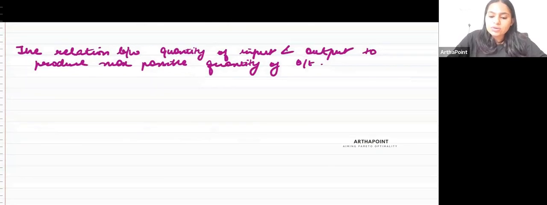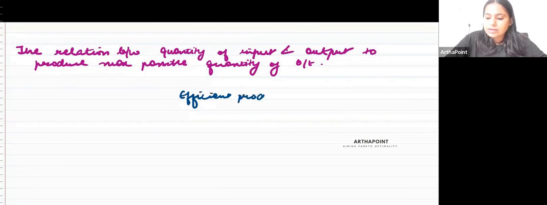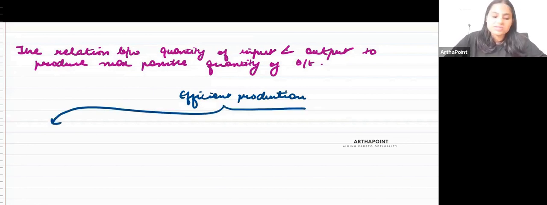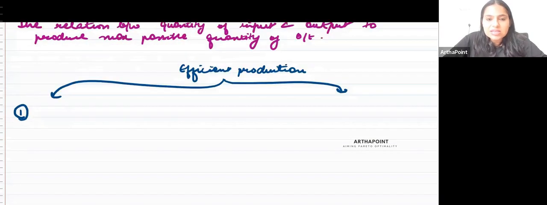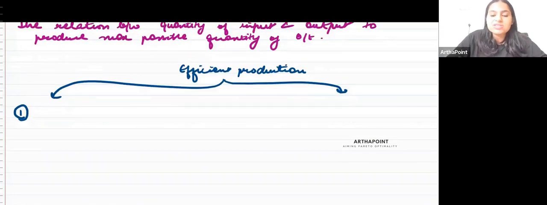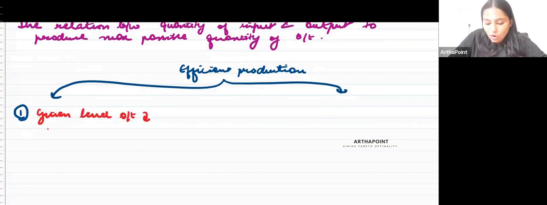Now, when it comes to efficient production, we have two main ways of defining efficiency. First, either I can say that to produce the given level of output, I cannot reduce input any further.